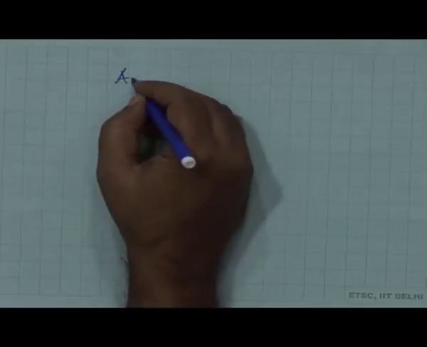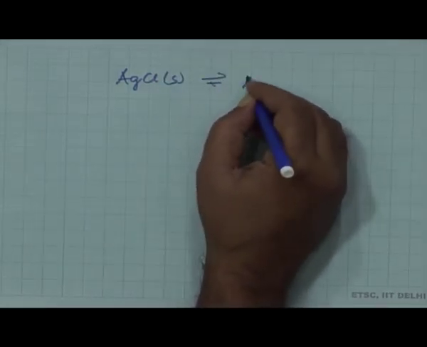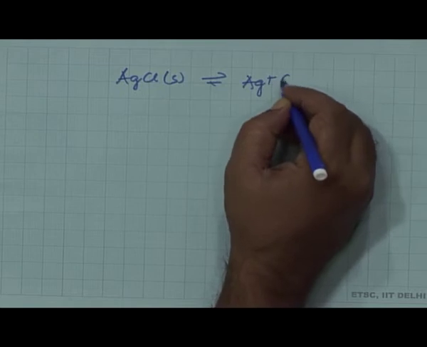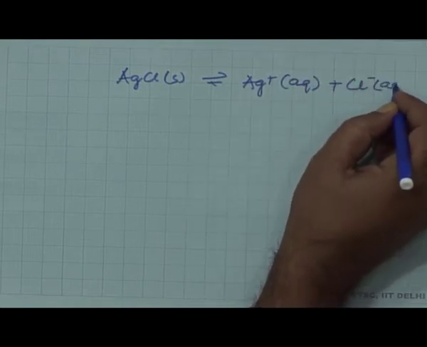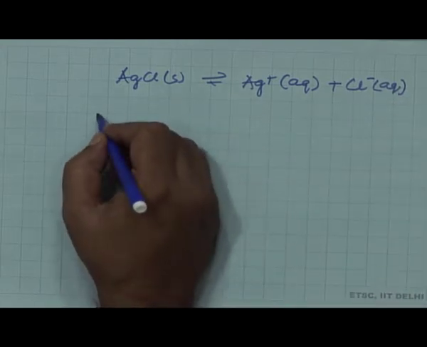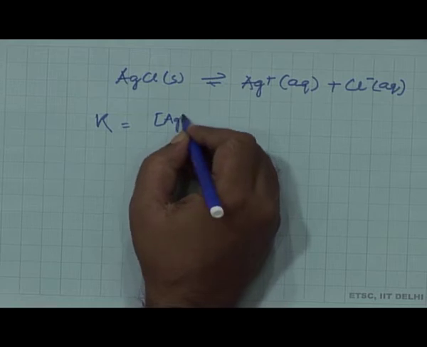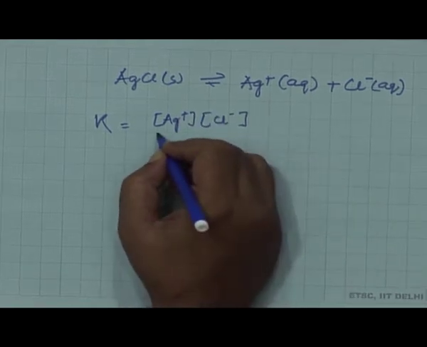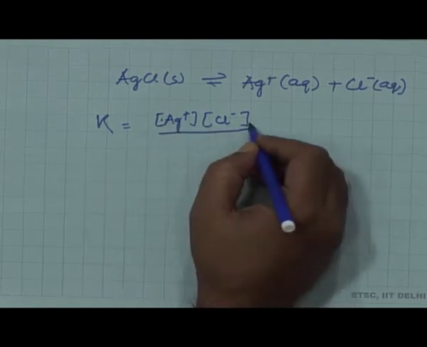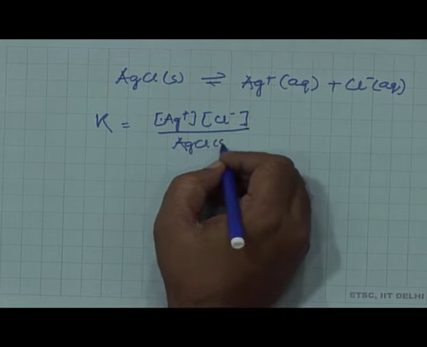Now, since we can apply the concept of ionic equilibrium for these salts, your equilibrium constant will be the concentration of Ag plus aqueous into Cl minus aqueous divided by AgCl solid.